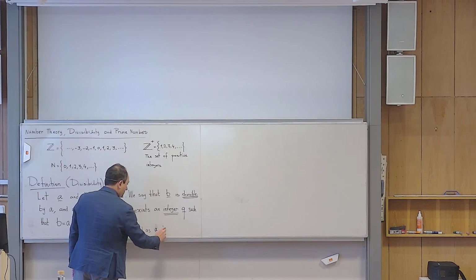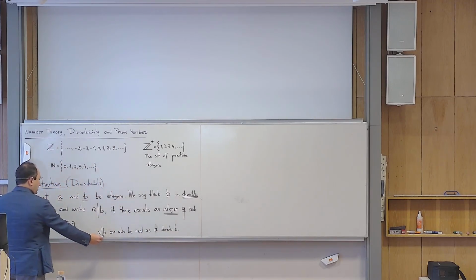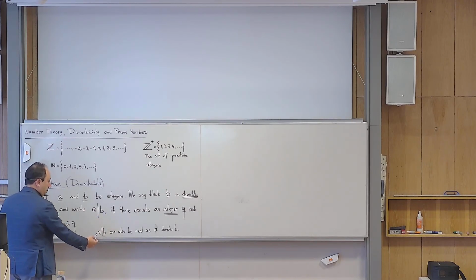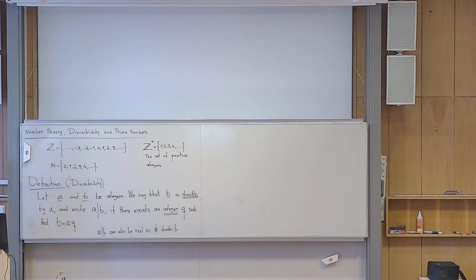A divides B. So if you want to read this symbol from right to left, you say B is divisible by A. If you want to read it from left to right, you say A divides B. Those are the same thing.